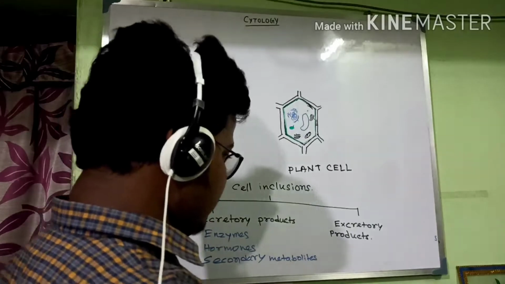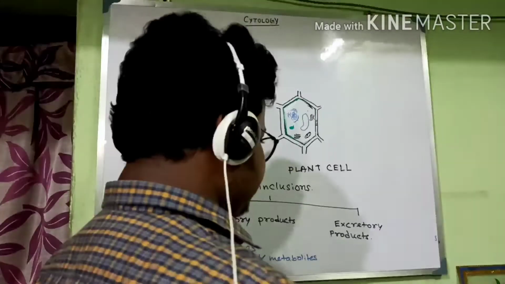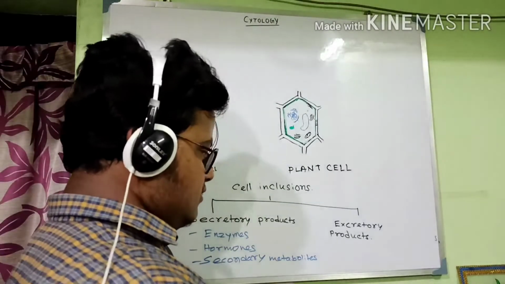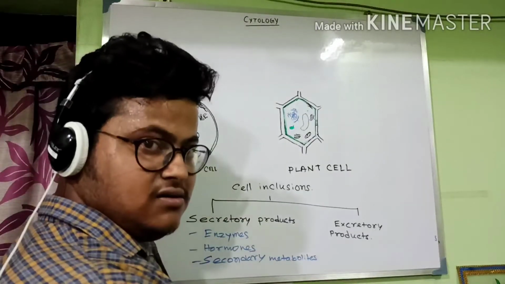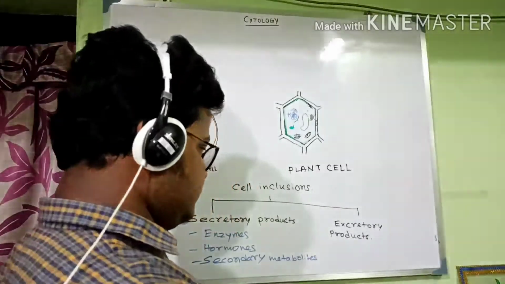But now, the excretory products. What are the excretory products? Excretory products are released by the cells. They are not needed, and they are the ergastic substances.